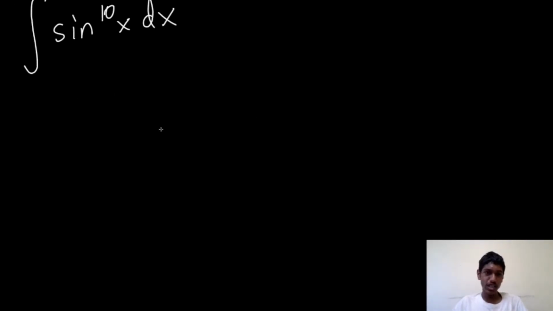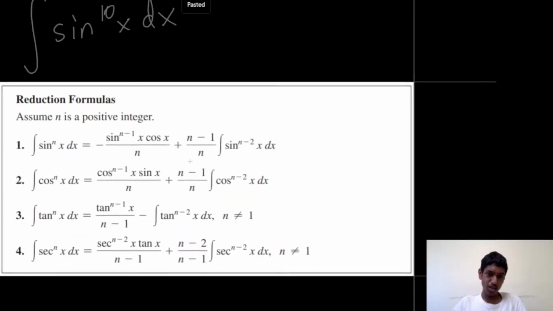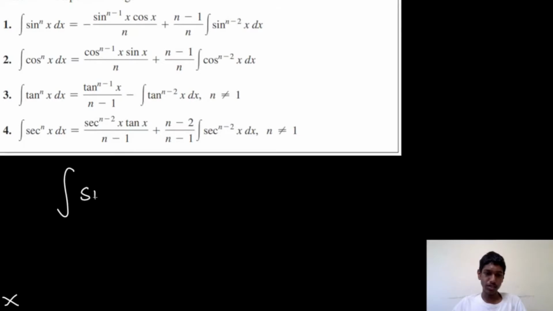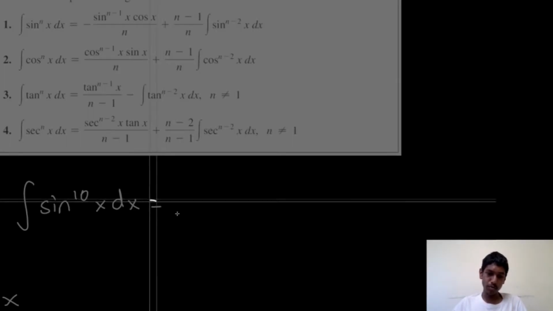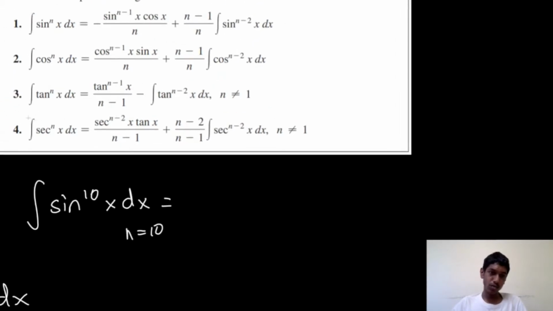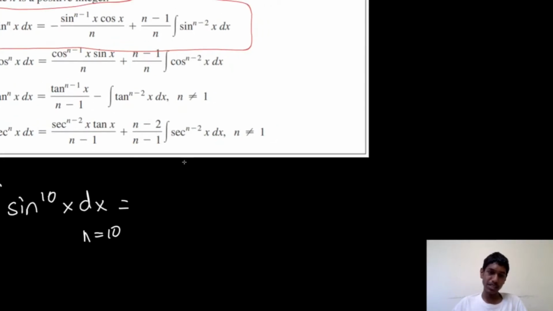So usually, one way you can deal with this is by using reduction formulas. Here, I've pasted some formulas for sine, cosine, tangent, and secant. If you have, for example, the integral of sine 10x dx, clearly these formulas won't just solve the integral for you, but they will make it a little bit easier, because now you can say n equals 10, so we're using this top one.